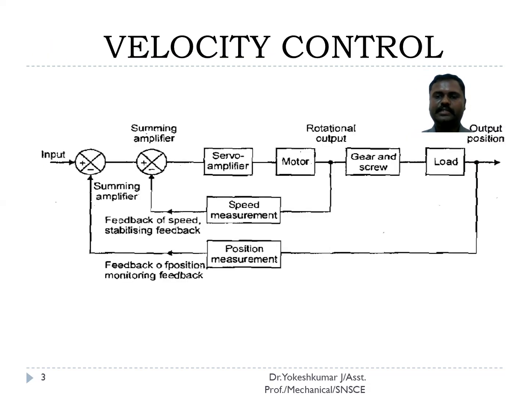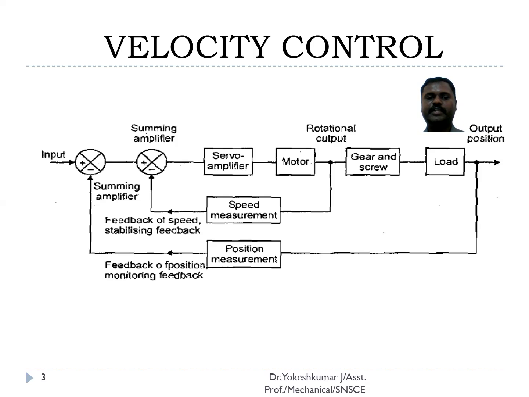And this is the detailed diagram for the velocity control. The same thing, we have two summing amplifiers. One is for position measurement in this case, and another one is for speed measurement. In the previous case, we just compared for speed and torque, and in this case, we are comparing speed and position.